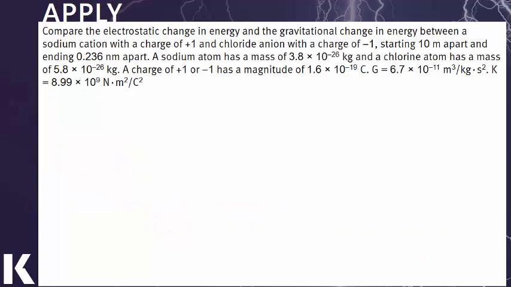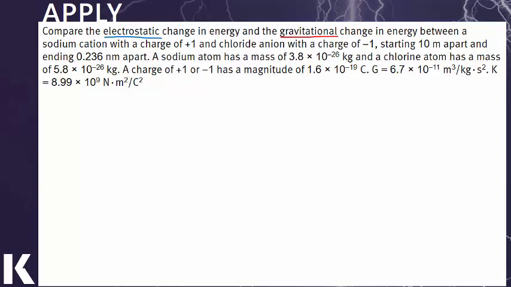This question asks us to compare the electrostatic change in energy and also the gravitational change in energy between a sodium cation and a chloride ion as they start 10 meters apart and then move together to a final distance of 0.236 nanometers.